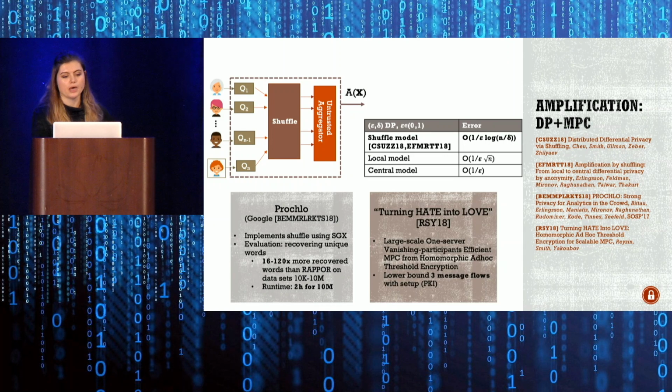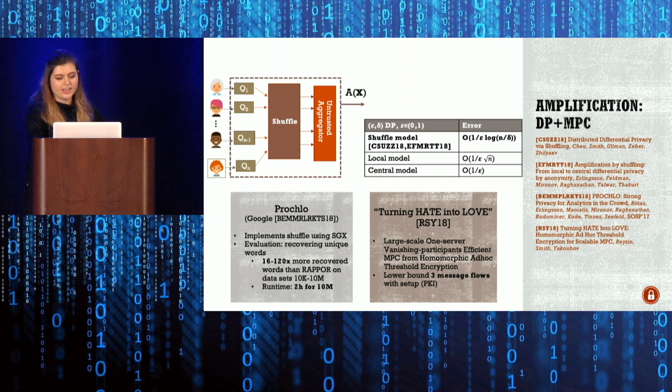And also, when we're talking about this amplification from DP and MPC, I also wanted to point out a new interesting work that came from BU this year, which also has a very interesting title, Turning Hate into Love, where LOVE stands for large-scale one-server vanishing participants efficient MPC, or more or less the federated learning model that I described.